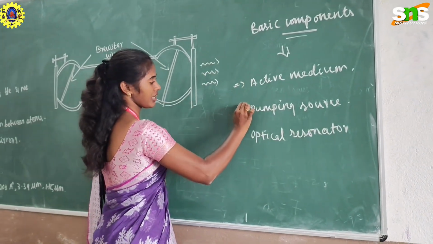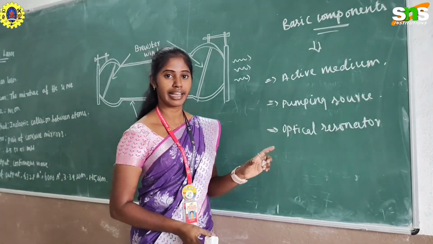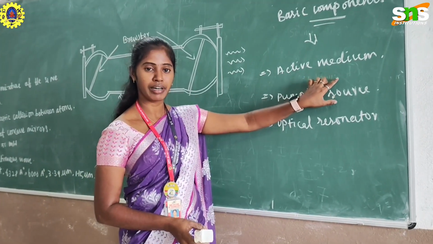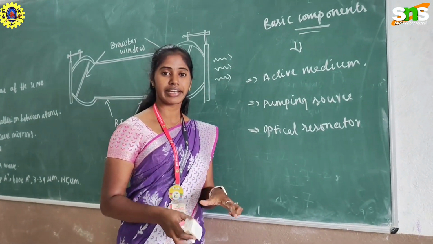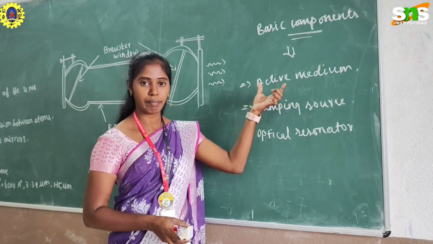These three main components are required to produce the laser action. The first one is active medium. Active medium is where the population inversion takes place and the laser action takes place.